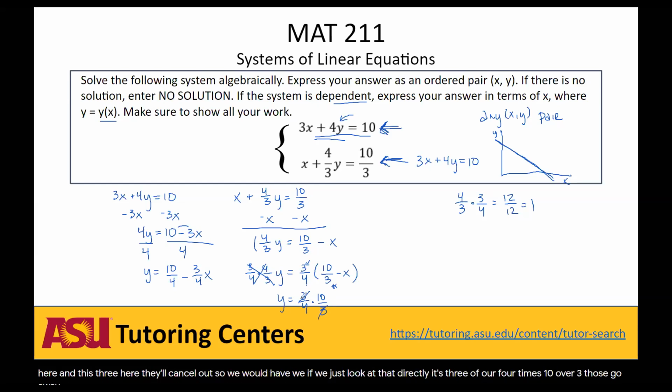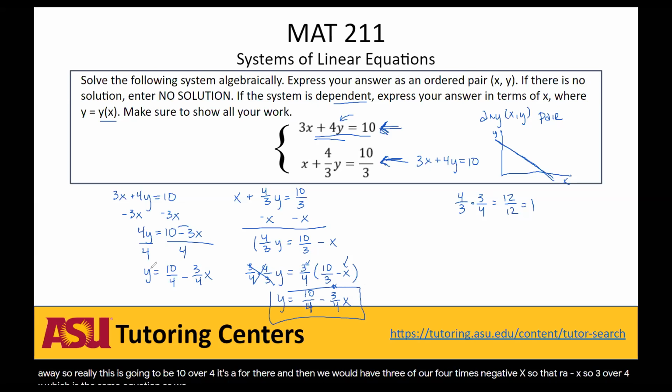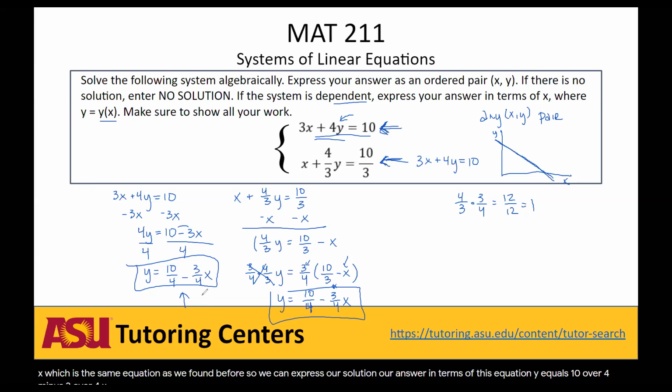Those go away. So really this is going to be 10 over 4. It's a 4 there. And then we would have 3 over 4 times negative x, or minus x. So 3 over 4x, which is the same equation as we found before. So we can express our solution, our answer, in terms of this equation, y equals 10 over 4 minus 3 over 4x. So great.